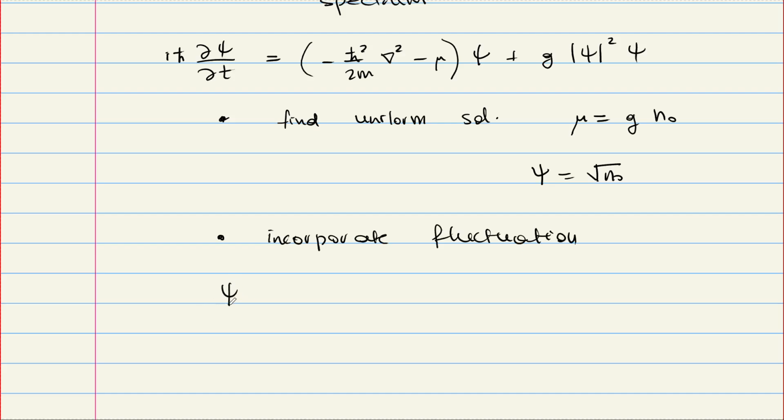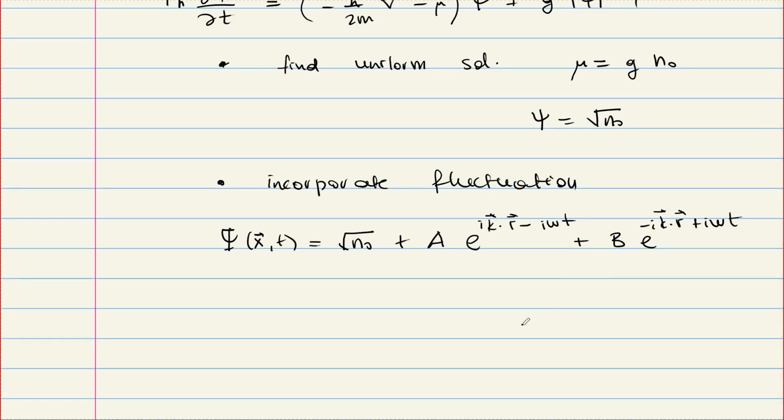And the way I do this is, okay, this is now psi. It's going to depend on x and t. There's first the zeroth order term, root n0, plus some amplitude A times e to the i k dot r minus i omega t, plus some other amplitude e to the minus i k dot r plus i omega t. Right?